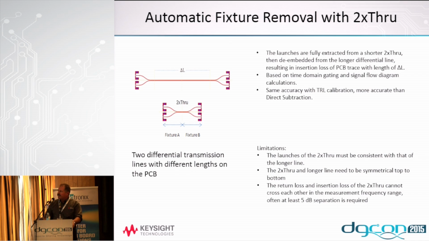Now, automatic fixture removal, this methodology requires 2 S-parameter measurements, and it will be measuring the full channel with the fixture input, fixture output, and the device under test, and then something called the 2x through, which is just the launch on either side.